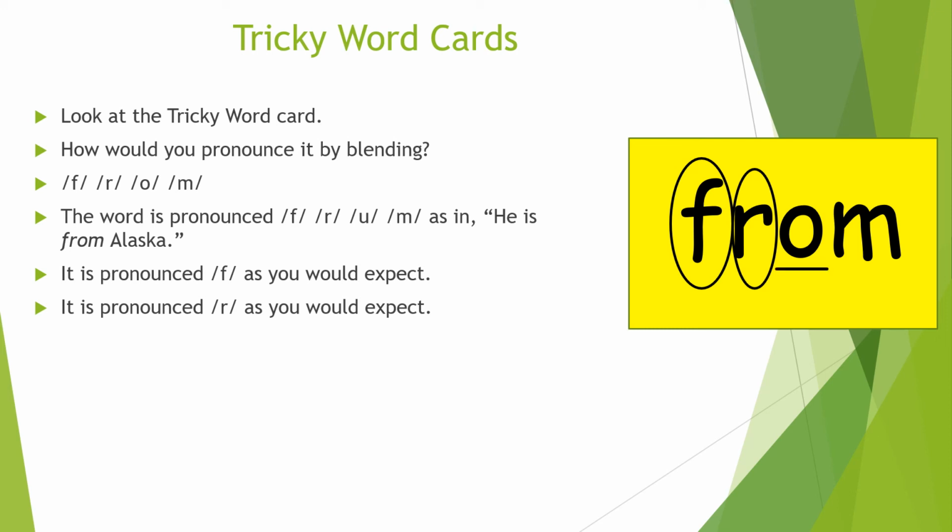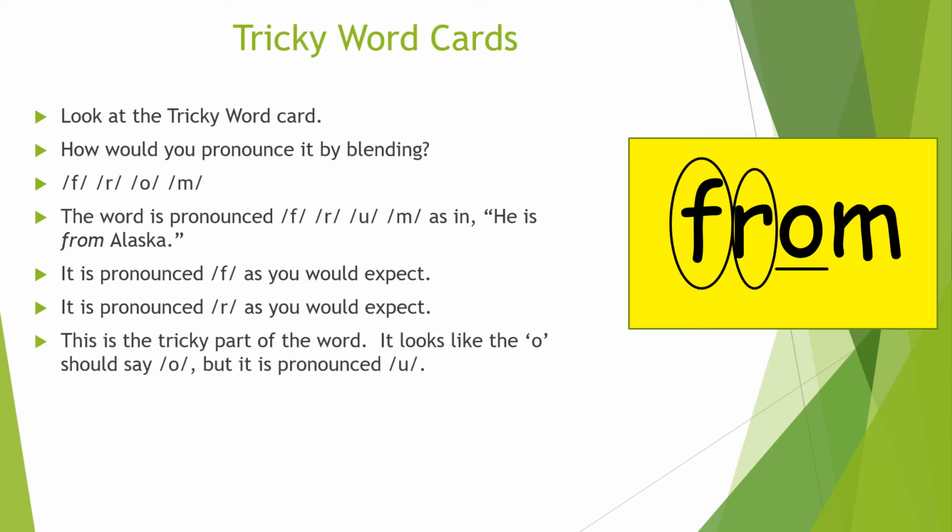This is the letter O. Say O. This is the tricky part of the word. Remember, trick words or sight words do not follow the rules. It looks like the O should say ah, like we know. But it's not. It is pronounced like the U sound.